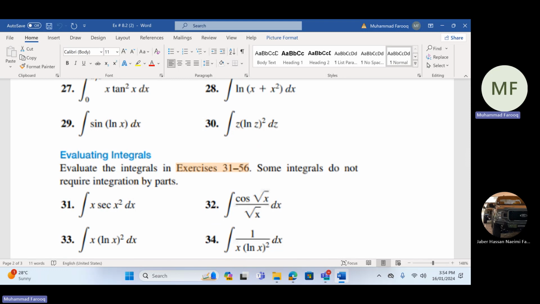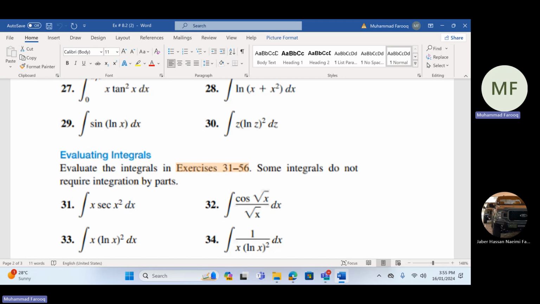So how do I write sine inverse x as two functions? Sine inverse x times 1. This one we take as the first function because its derivative is possible. What is sine inverse x derivative?